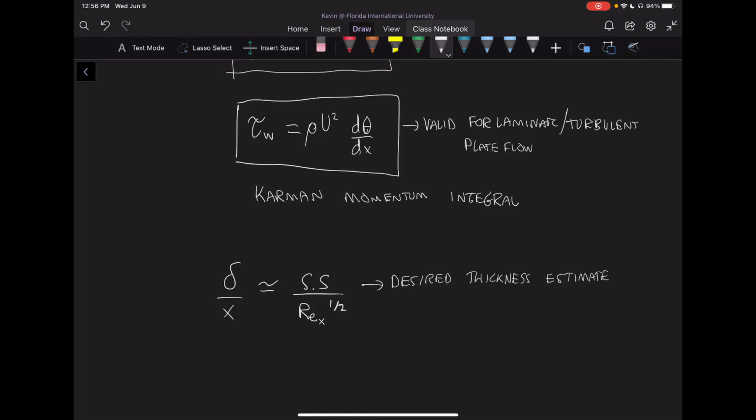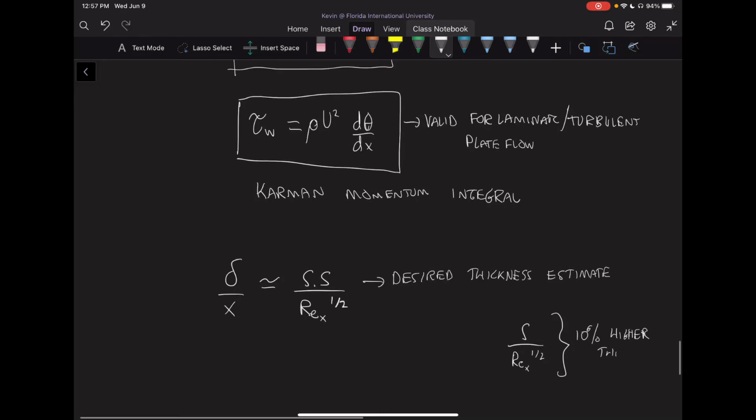And it is approximate, and it's part of the momentum integral theory. But it's actually pretty accurate. If we compare it to the known solution that Prandtl came up with of 5 over Reynolds x to the 1/2, we see that for laminar flow, we are only 10% higher than the exact solution.